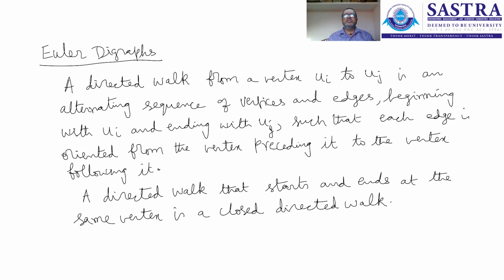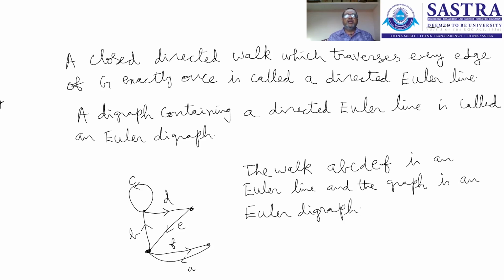The directed walk is said to be closed if the origin and terminus are the same, that is, if it starts from the same vertex and ends at the same vertex. That is called a closed directed walk. If you take a closed directed walk that traverses all the edges of the graph G, then such a closed walk is called a directed Euler line.